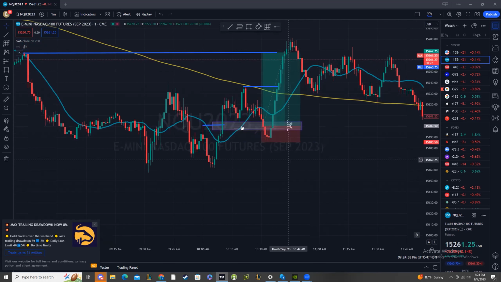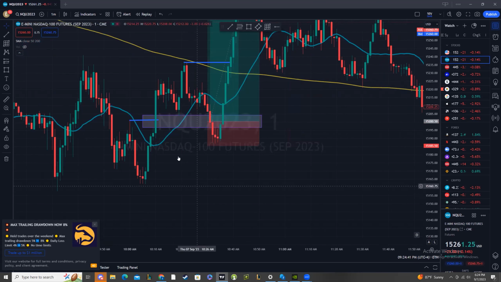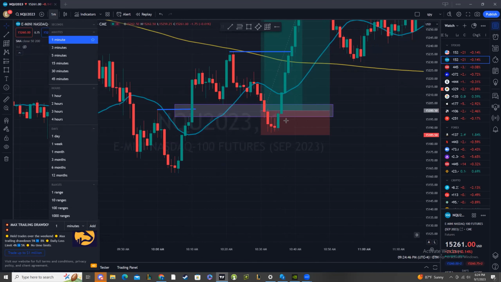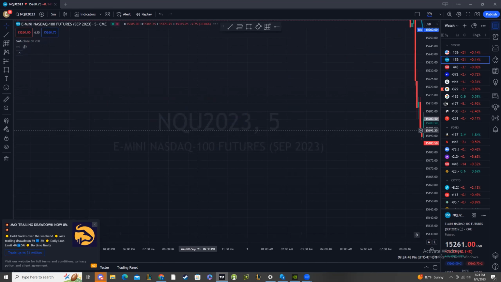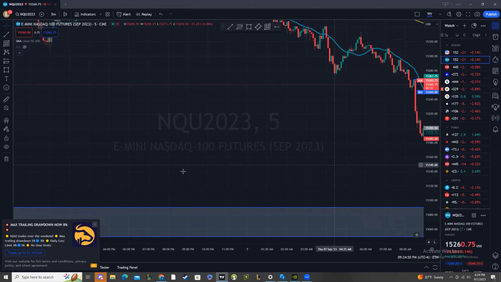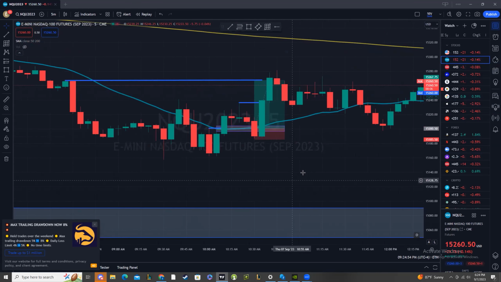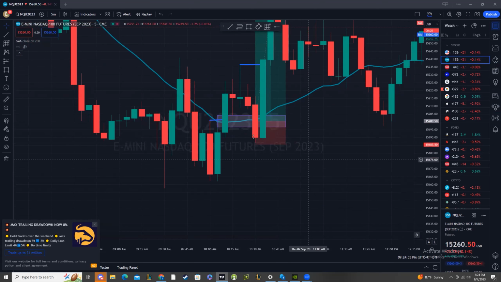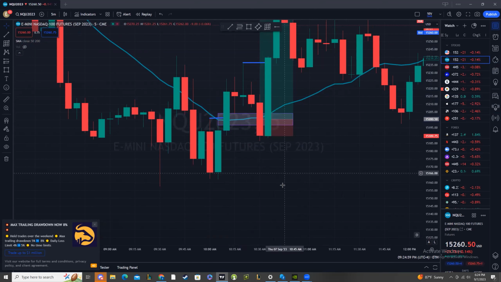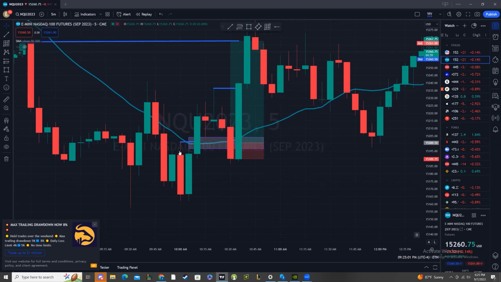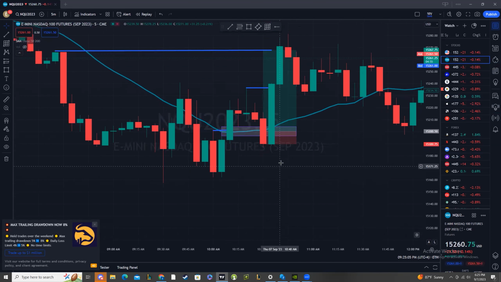But take a look at that fair value gap as you saw on the 1 minute chart where you saw it drop lower. Let's go to a 5 minute chart. Now, what do we know about this?